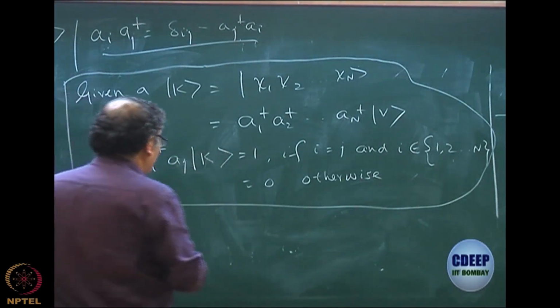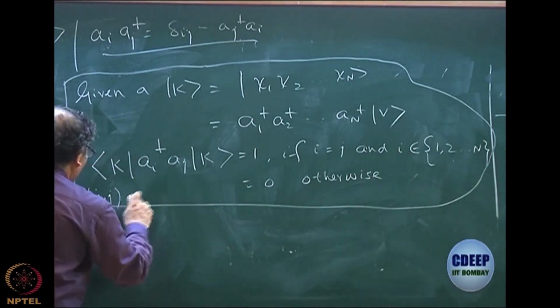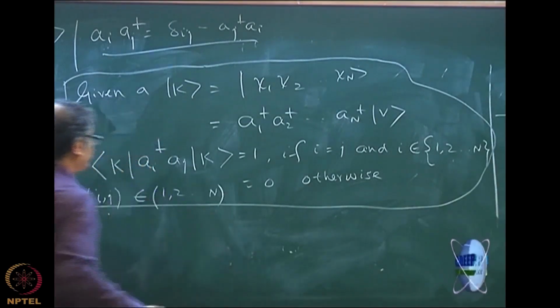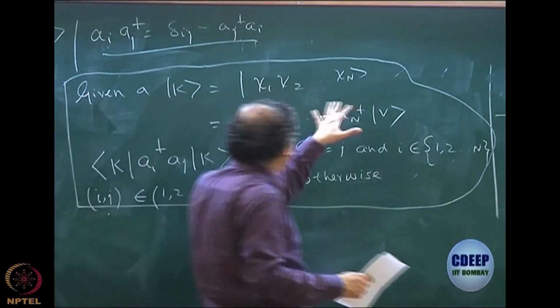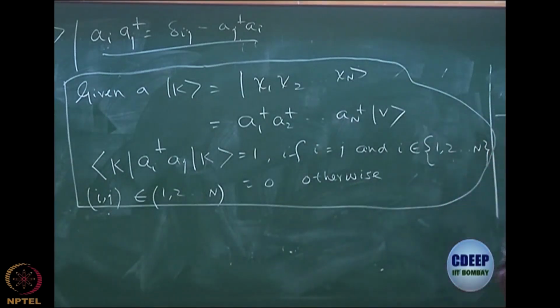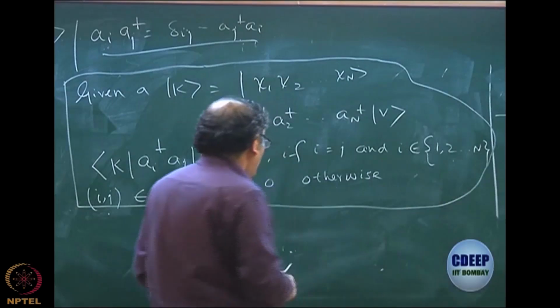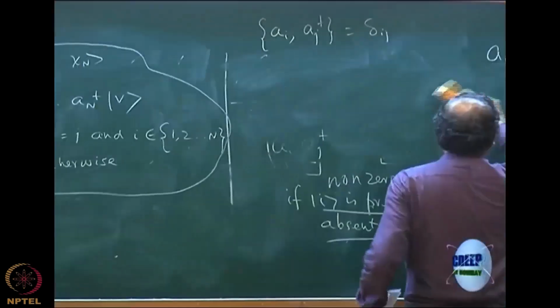So the only thing to understand is that both i and j are in the subspace of 1 to n. So of course in that case I cannot create. So you can physically understand. So that is my i and j. I and j are basically among the 1 to n orbitals. So in such a case, it is equal to 1 if i equal to j and 0 otherwise. That means if i is not equal to j, it will become 0. All right.